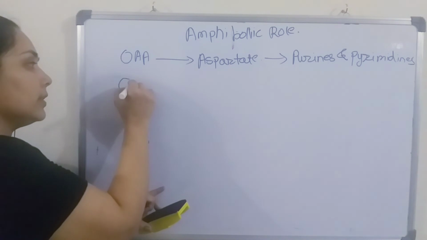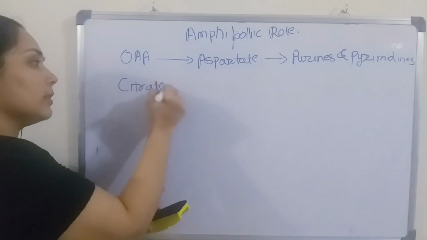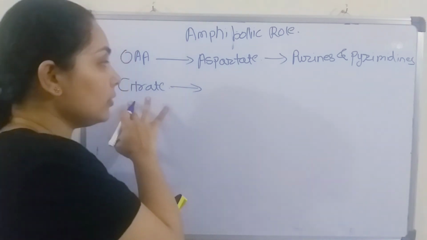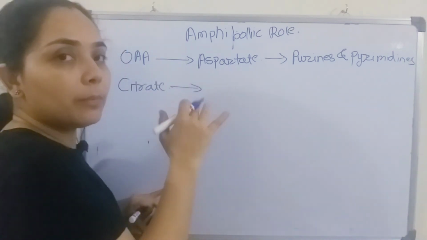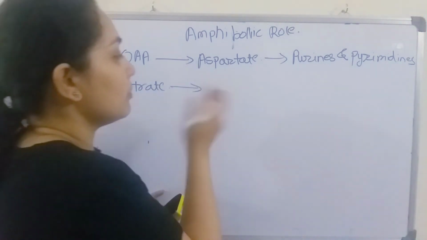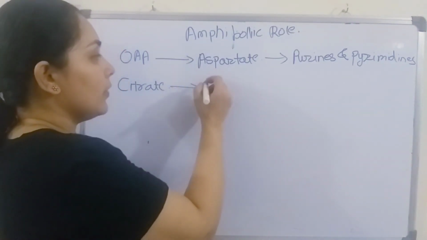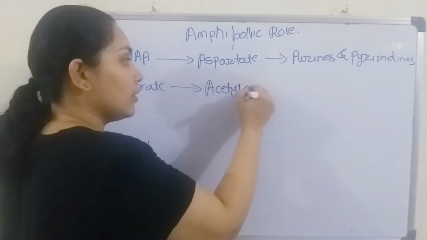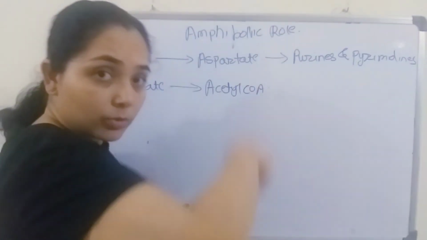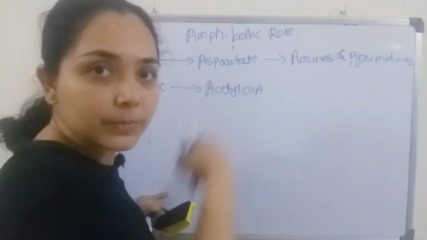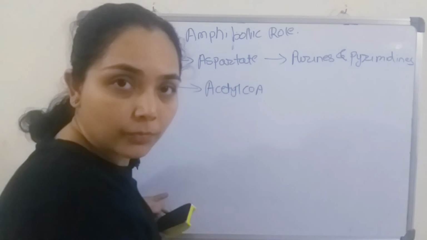Second is citrate, and this citrate is very important, because there are many multiple choice questions about this citrate. That citrate will convert to acetyl-CoA in the cytosol. So first citrate will come out, because we know that this Krebs cycle takes place in the matrix of the mitochondria.